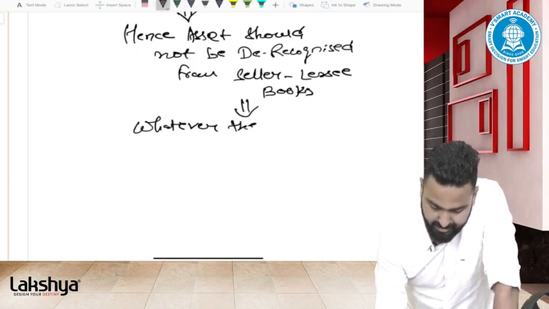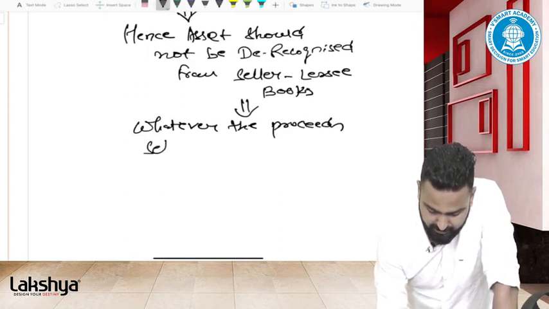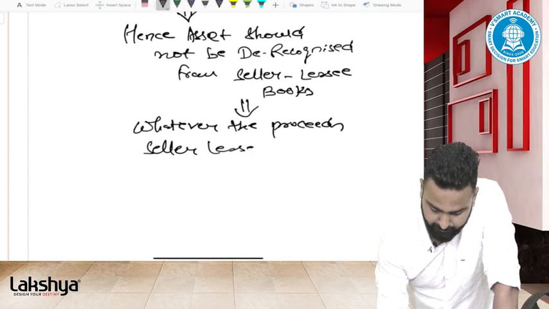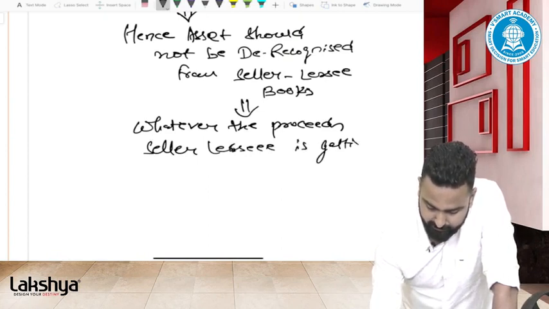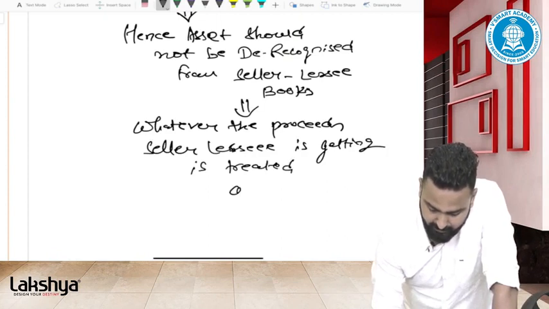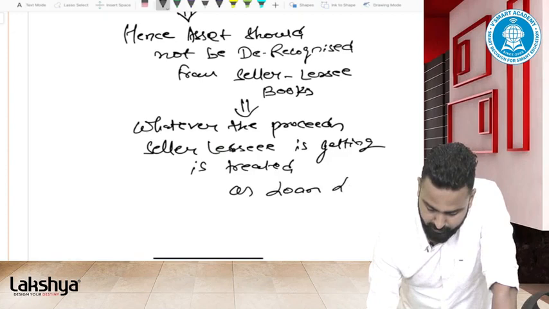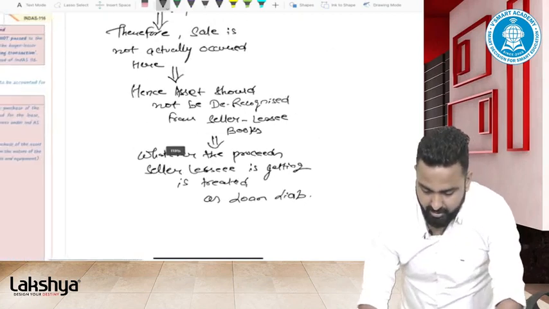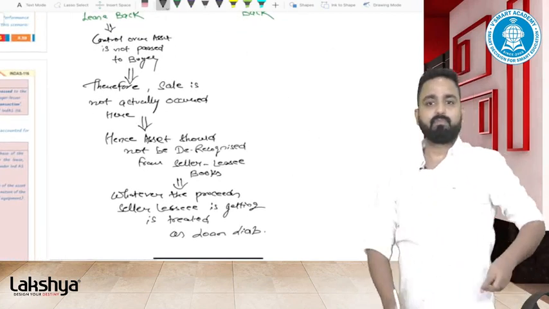Whatever proceeds the seller lessee is getting is treated as a loan liability. Now try to understand this.